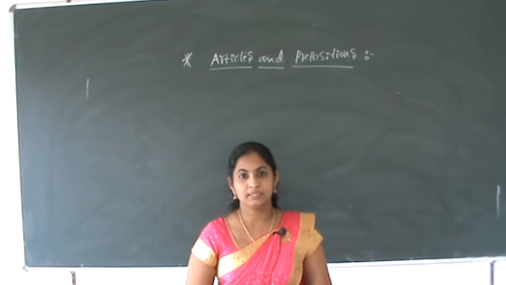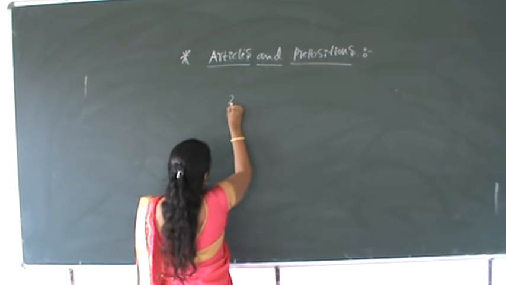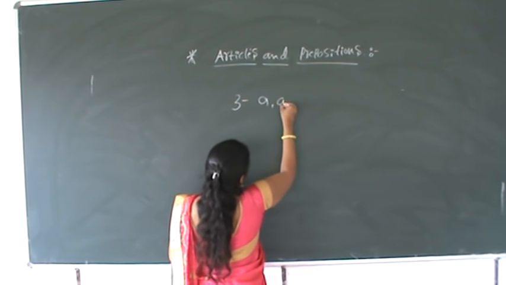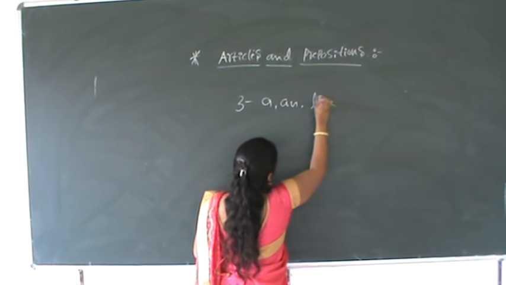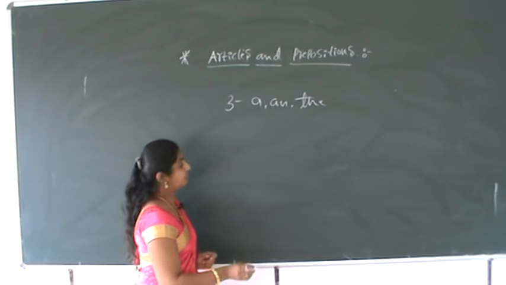Already we know that there are three articles: a, an, and the. These three are called articles, and here we can see the divisions too.